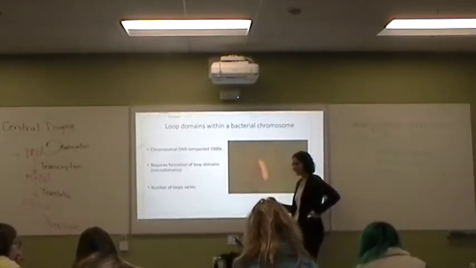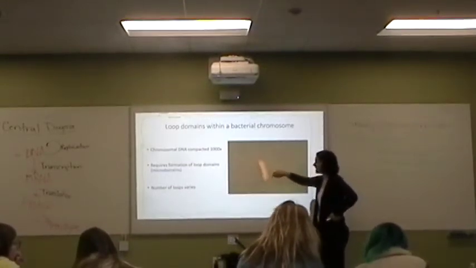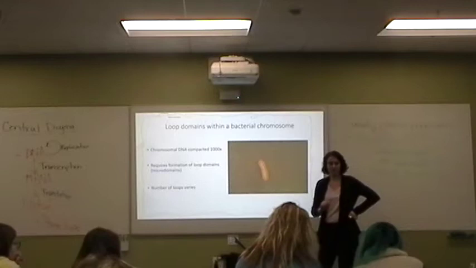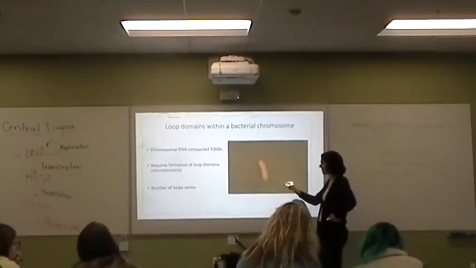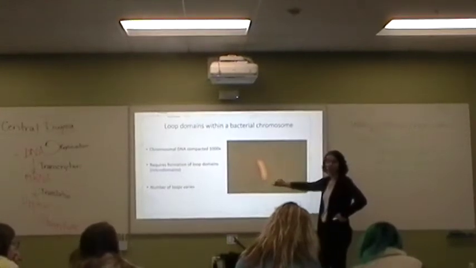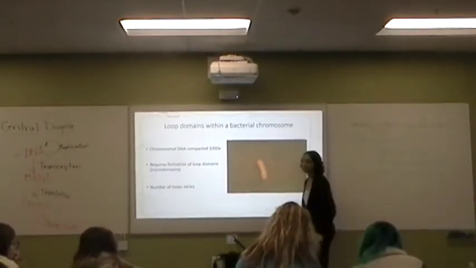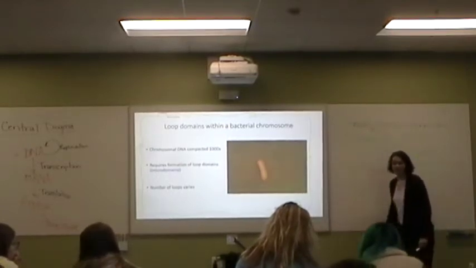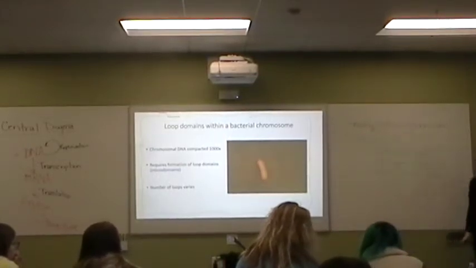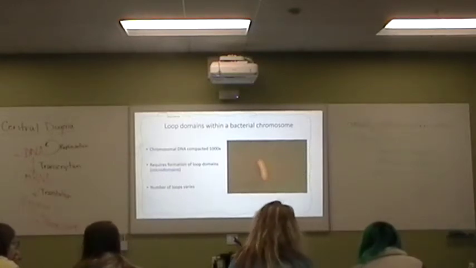All of this stringy stuff around it is its chromosome. The chromosome has been taken out and laid out around it to show how much DNA is actually compacted and put into the center of this cell. That's a lot of DNA, a lot of yarn to ball back up and put into that cell.